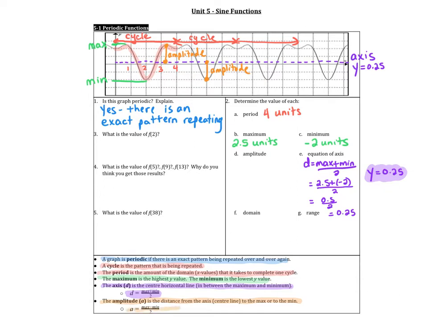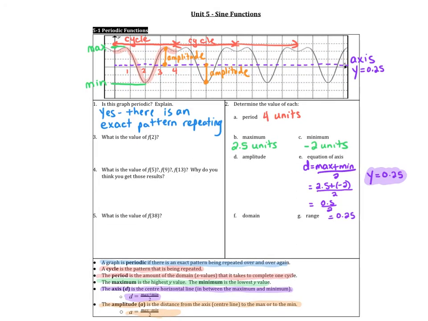And the formula that you would use to find the amplitude is max minus min divided by 2. And that value is using the letter A. And A will come into the formula later on. We're not going to get into using a formula today. So max minus min divided by 2. So the maximum is 2.5.